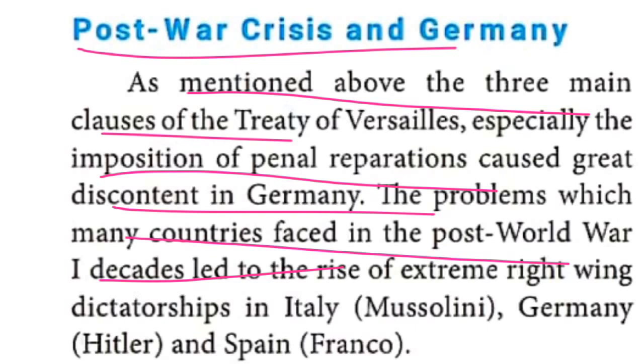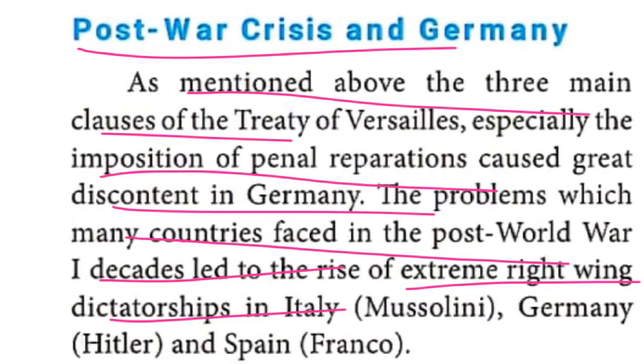See, at that time, within 10 years after the completion of World War I, which was over in 1918, so within 10 years, around 1928 to 29, extreme right-wing dictatorship emerged. The people welcomed the dictatorship. In Italy, Mussolini, Benito Amilcare Andrea Mussolini emerged.